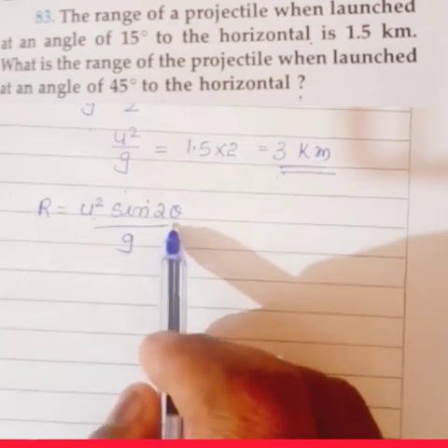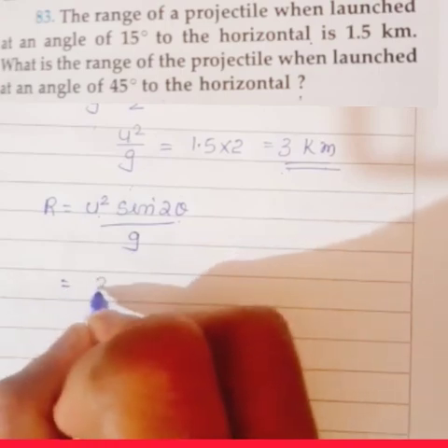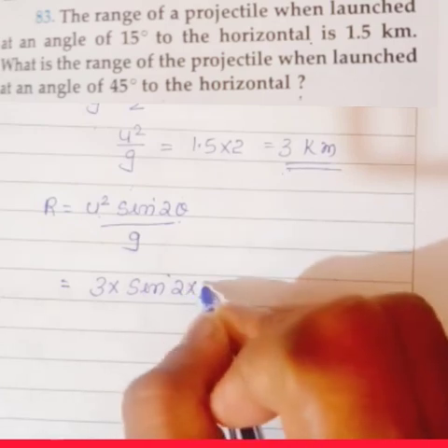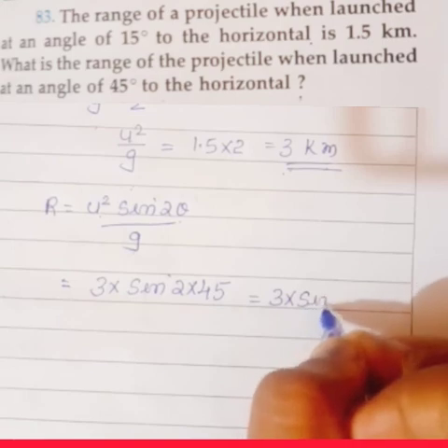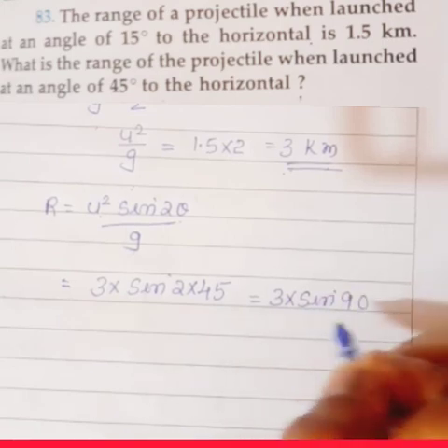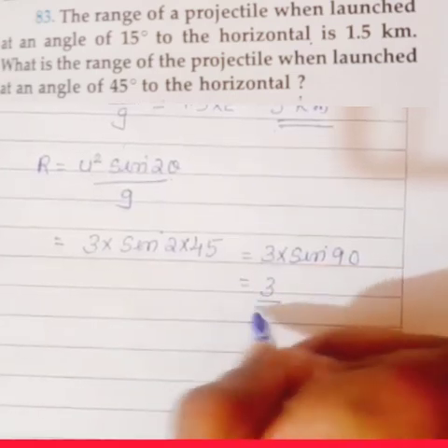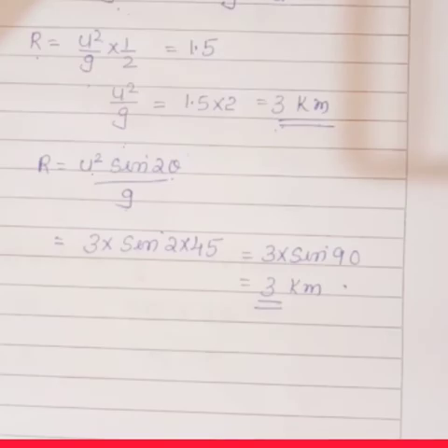Theta is 45 degree, so R is equal to 3 into sin of 2 into 45, which is 3 into sin 90. Sin 90 is 1, so the answer is 3 kilometer. When theta is equal to 45 degree, the horizontal distance is 3 kilometer. Okay.